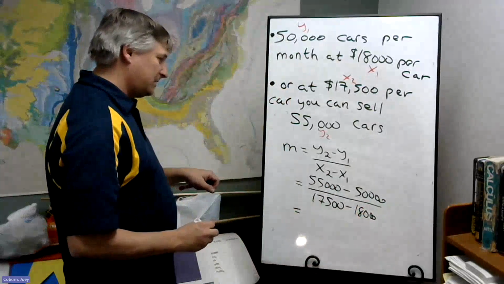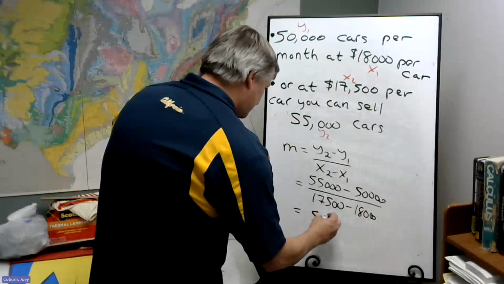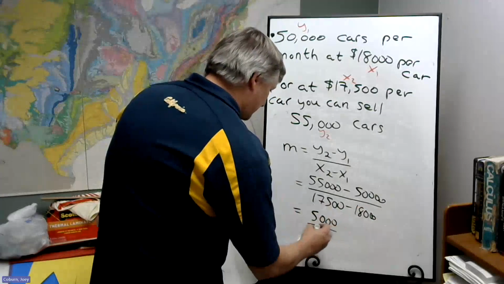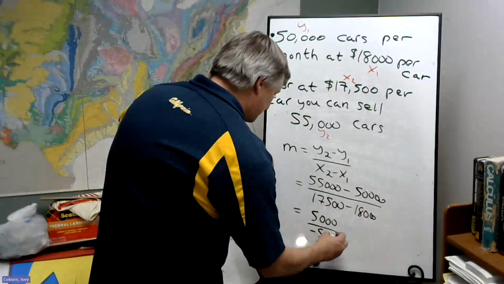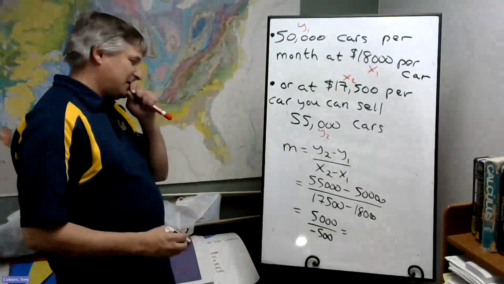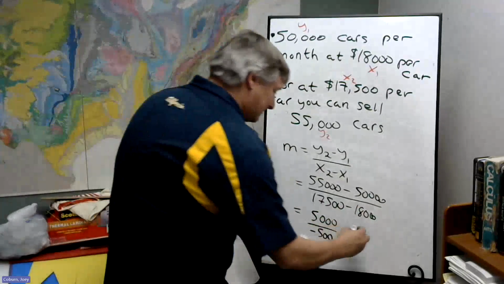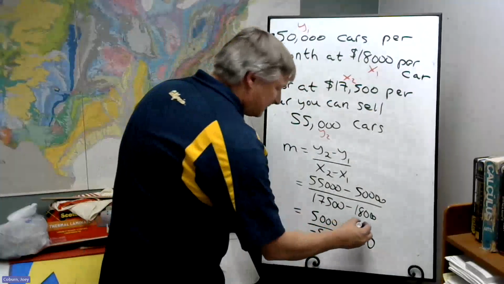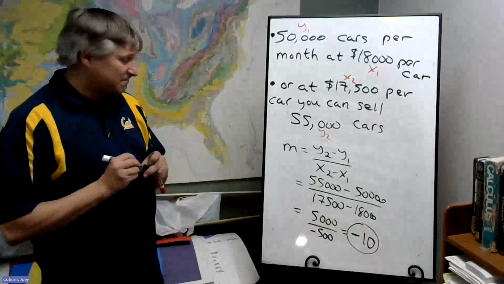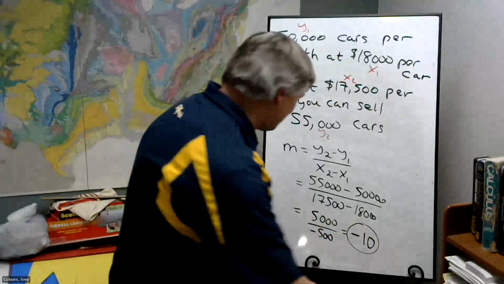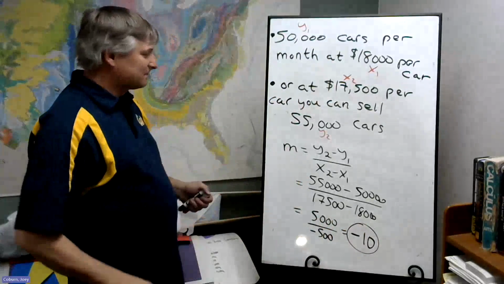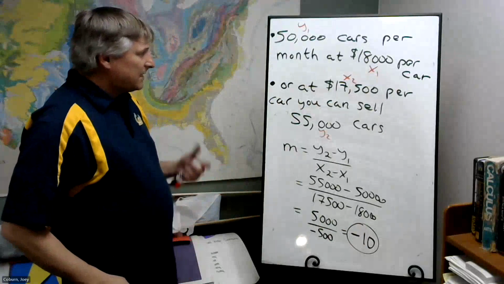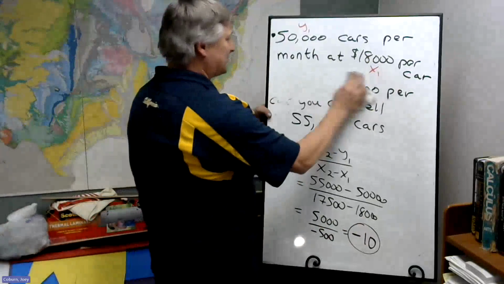So this will be 5,000 over negative 500. And let's see, that's going to be negative 10. Positive divided by negative is negative. So that's our slope.